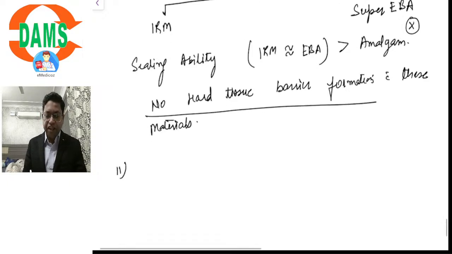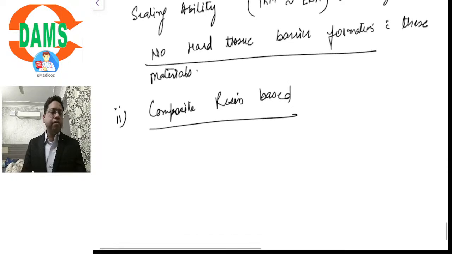The second category of materials are composite resin based. A specific material that is based upon composite resins and used as a root end filling is Retroplast.